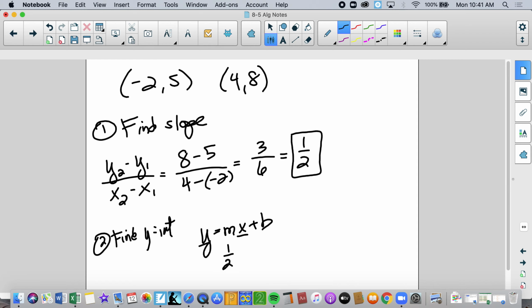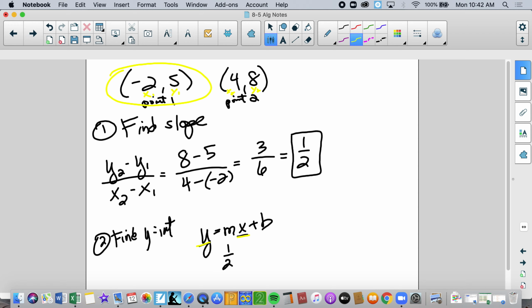We have 2 points, point 1 and point 2. It doesn't matter which point you plug in, whether you plug in x1, y1 or x2, y2. You just have to pick a point. I'm going to pick the first point just for simplicity reasons.